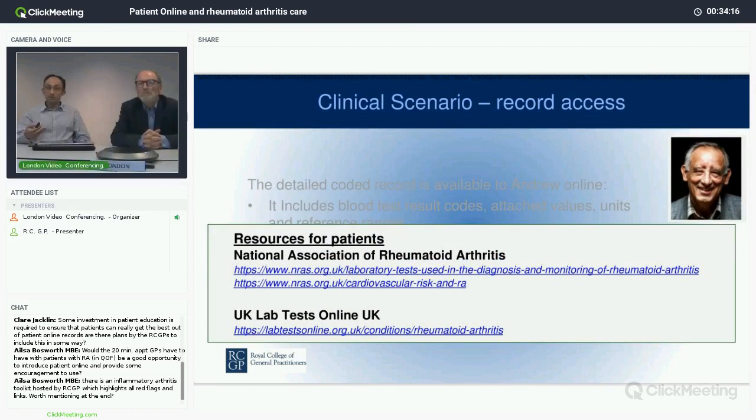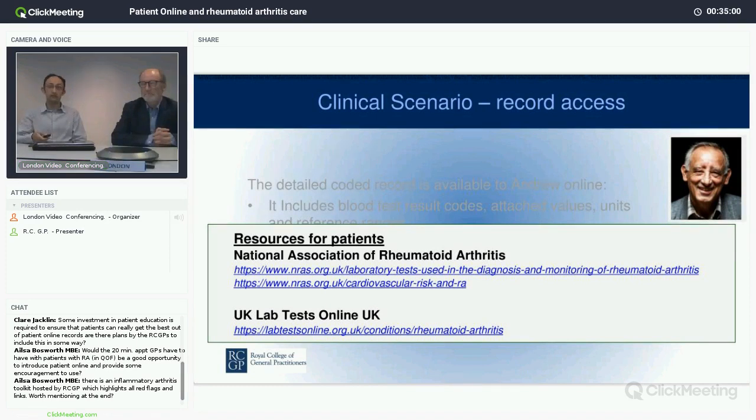So resources that he may be able to use to understand some of these test results can be found in the National Association of Rheumatoid Arthritis, which has a really clear explanation of some of the tests that are commonly carried out for patients with rheumatoid arthritis and indeed psoriatic arthritis, and they give a breakdown of how they can look at their CRP, ESR, their full blood count, how they can use that information to identify flares, etc., and how they can use it in a long-term way to assess whether their condition is currently stable or not stable.